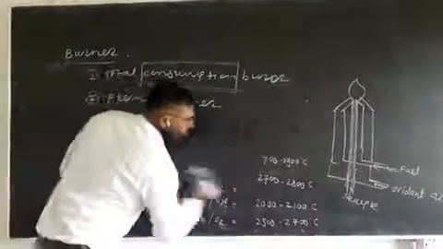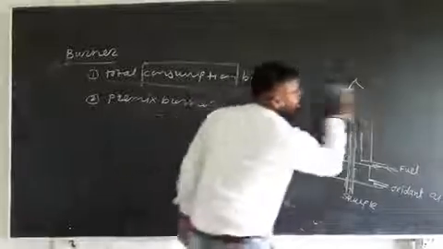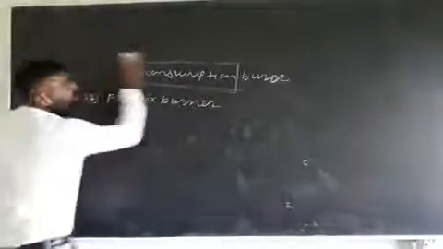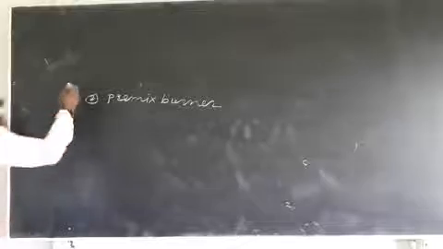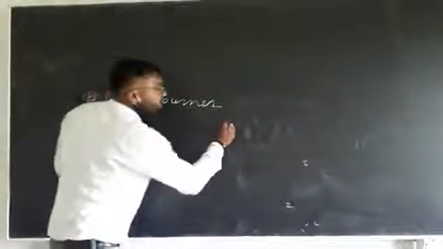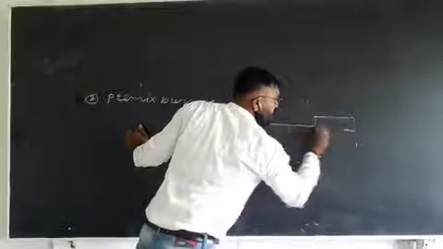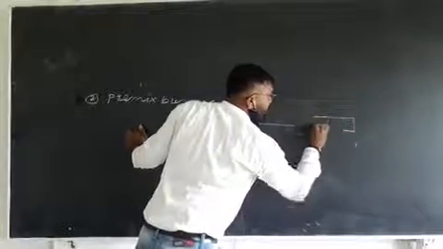Then we think about the second kind of burner, that is the premix burner. Premix, as the name indicates, means the sample, oxidant and fuel are mixed inside the burner before they reach the flame. I am drawing the diagram of the premix burner here.